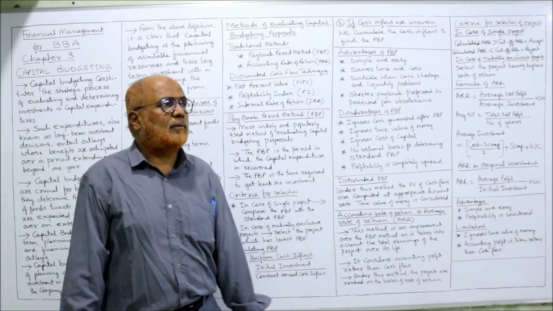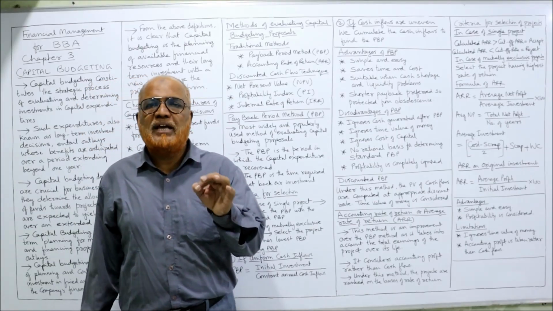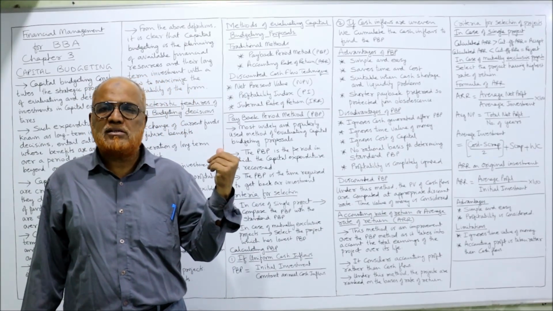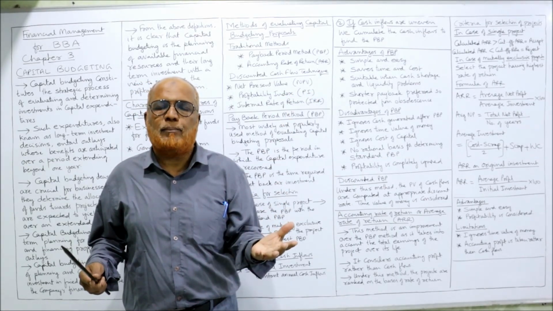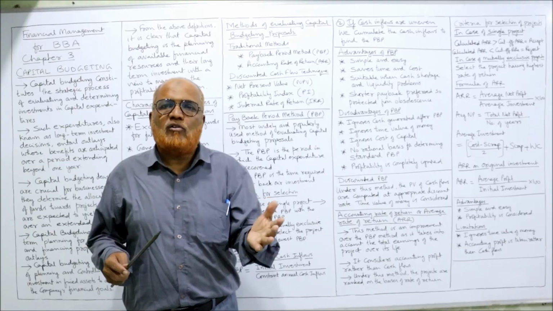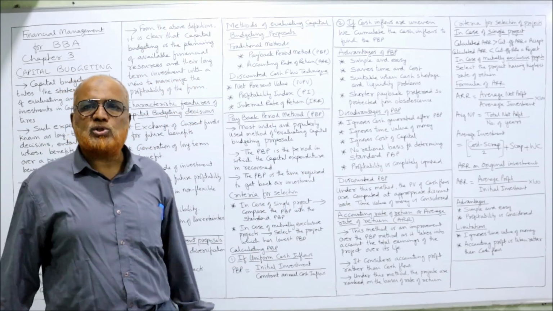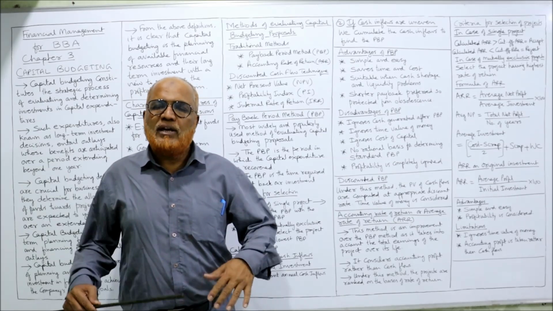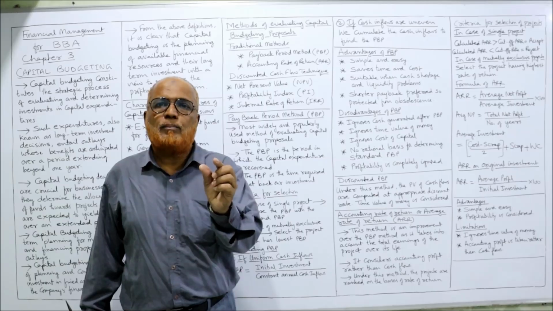The next, ignores time value of money. The biggest disadvantage of PBP is it treats today's money and future money as the same. That means time value of money is not considered. The next one, ignores cost of capital. Whenever we evaluate the project, we must know what is the cost of capital of the company.